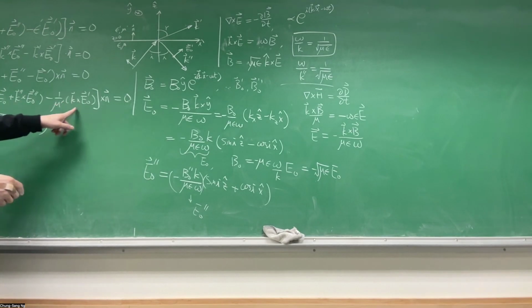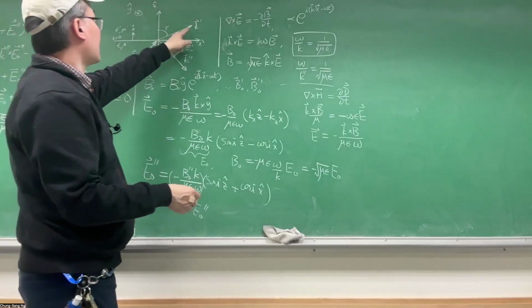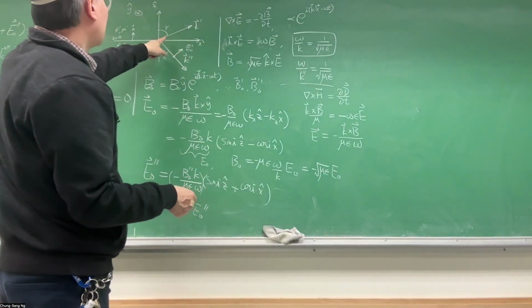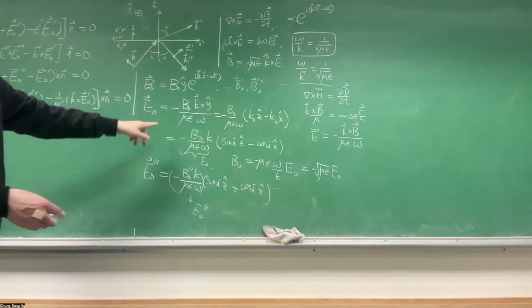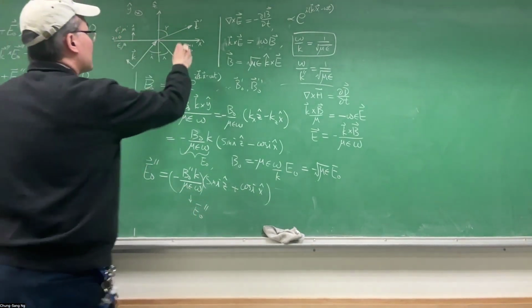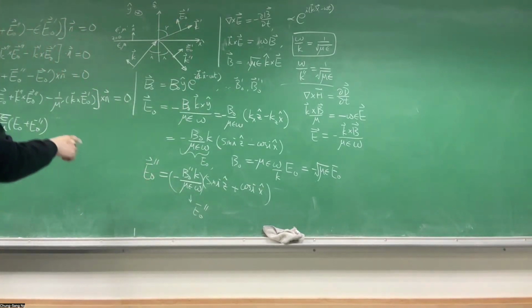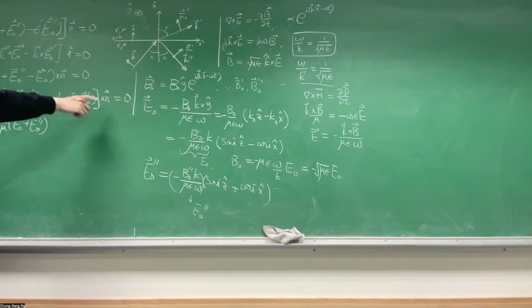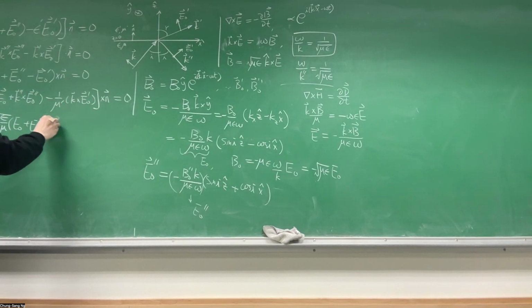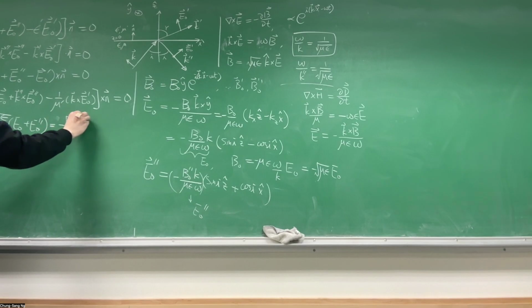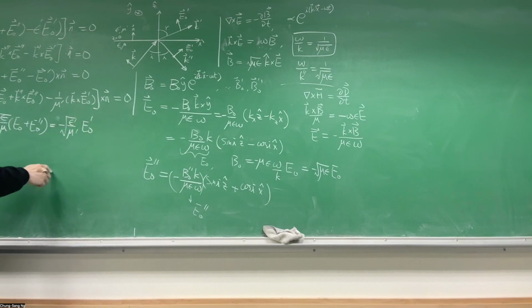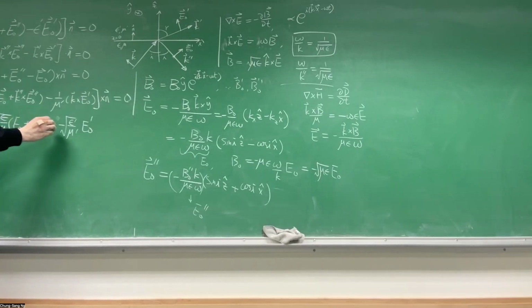And then this one is similar to the original incident wave, and the electric field definition projection is also the same. E0 prime, so this one equals to that, and they both have a negative sign. It's E0 prime over mu prime and E0 prime. Okay, so that is equation 4, and we can now cancel the negative sign.